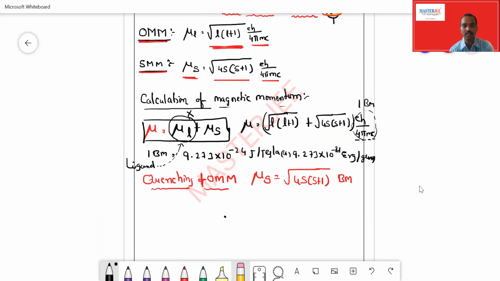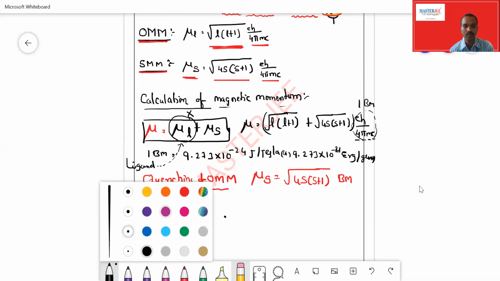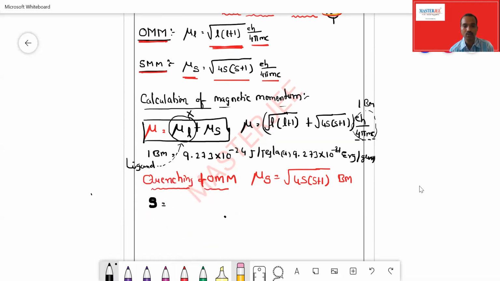We can express S as follows. For one electron, it is 1 by 2. For 2 electrons, it is 2 into 1 by 2. For n number of electrons, it is n into 1 by 2.